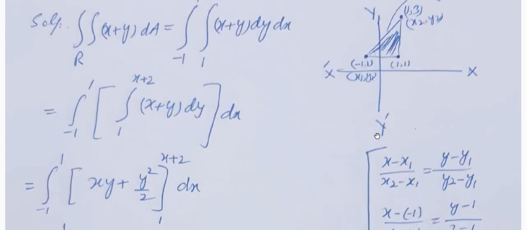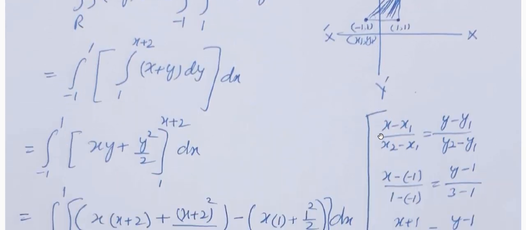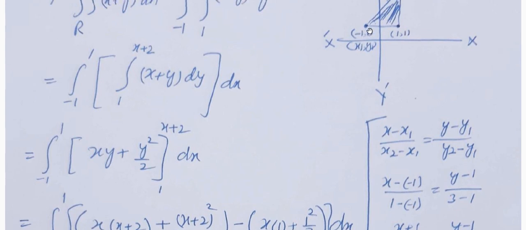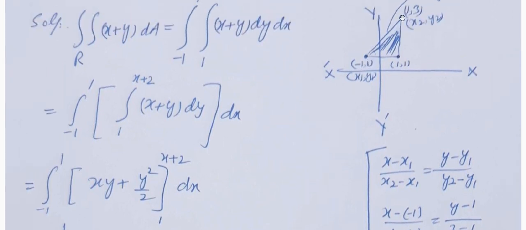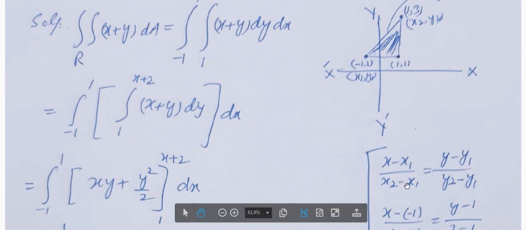You know there is a formula: x minus x1 divided by x2 minus x1 equals y minus y1 over y2 minus y1. So if 2 points are given and you have to find the equation of a line, you can use that formula. Now for example, I take minus 1 as x1 and 1 as y1, and then 1 as x2 and 3 as y2, and now you can substitute in this formula.